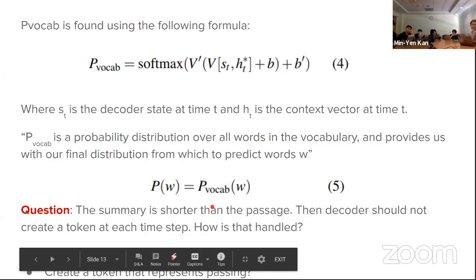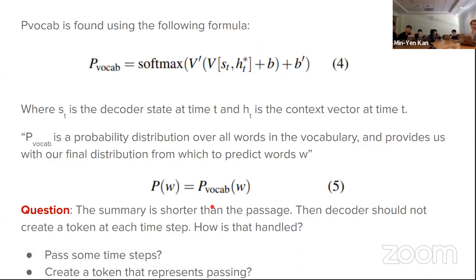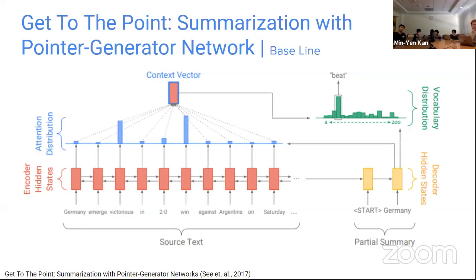If anyone knows, did they stop when it produces the end of sentence token? I think the stopping is based on the decoder itself. When the decoder decodes a special token, usually called the end of sequence, the decoding process will end.